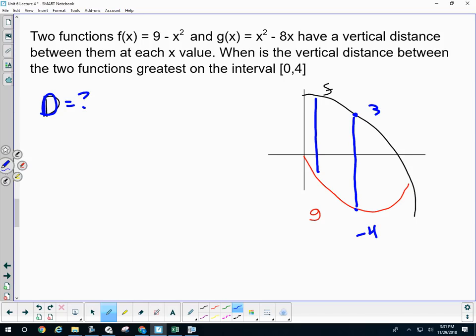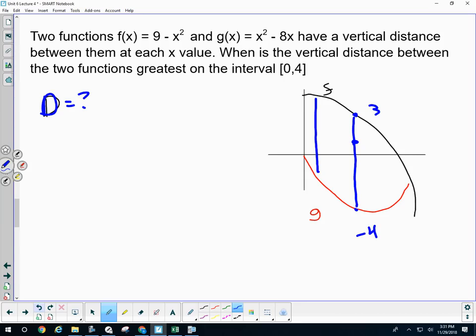If it was like 3 and 2, what do I do to these two numbers to get 7? The difference. 3 minus negative 4. Now, if this point was 3 and this point was 1, 3 minus 1, 2. Right? Absolute value wouldn't work there if you added them. Okay, so we subtract them.